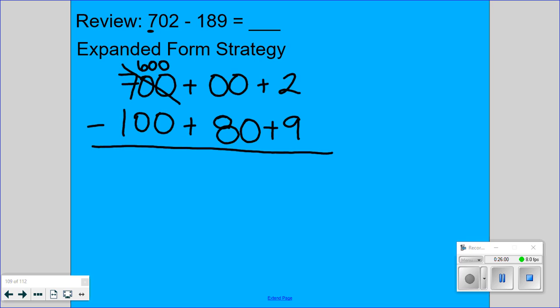Bryson, we're writing. And one of those hundreds that I just took out went to my tens place. Yep. Okay. But that still doesn't fix my ones issue. So what Rylan is saying is now that I have 10 tens, I'm going to take one of those tens.